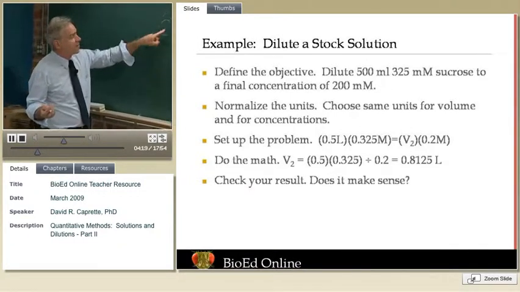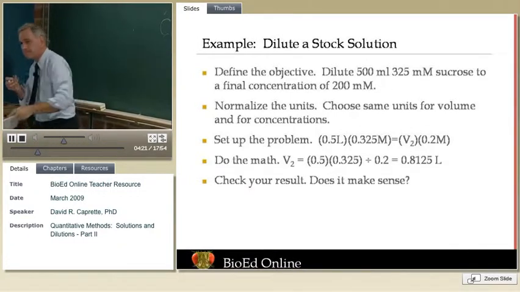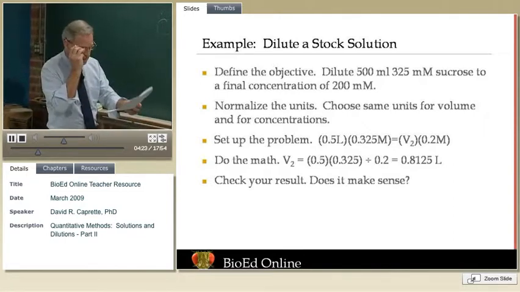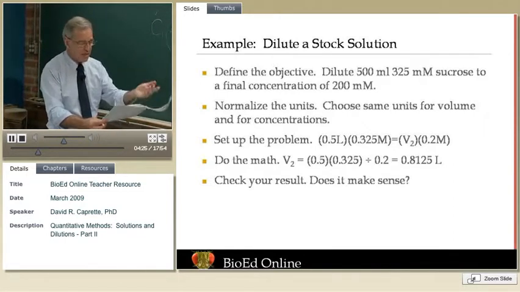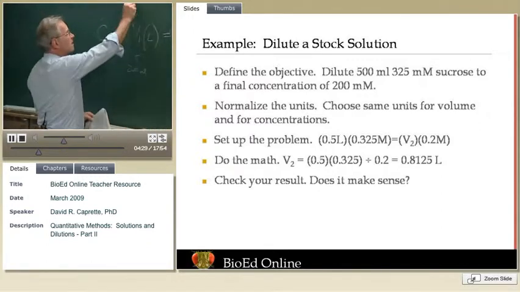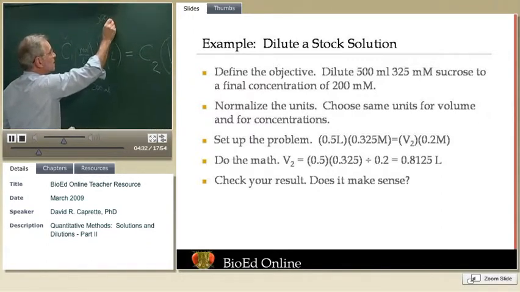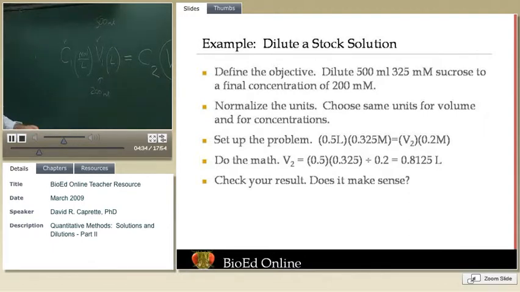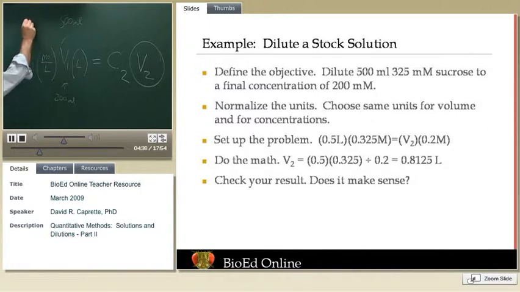For concentration number 1, let's take a look at this. I wrote up this nice example, I should use it. We have an initial volume of 500 milliliters of a sucrose solution, and it is 325 millimolar.